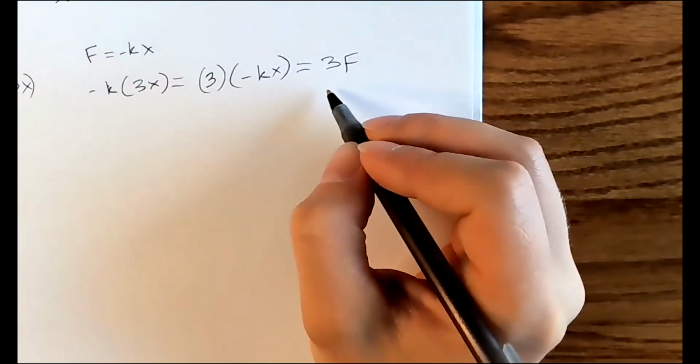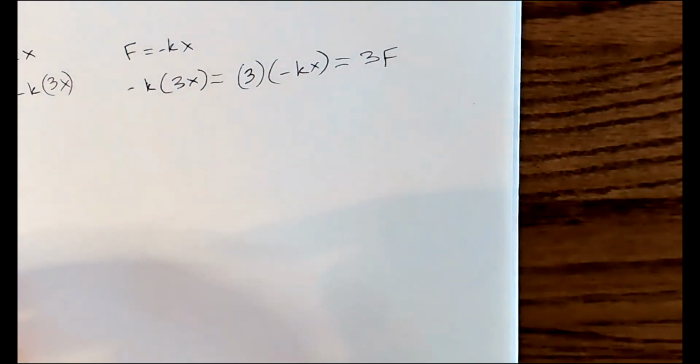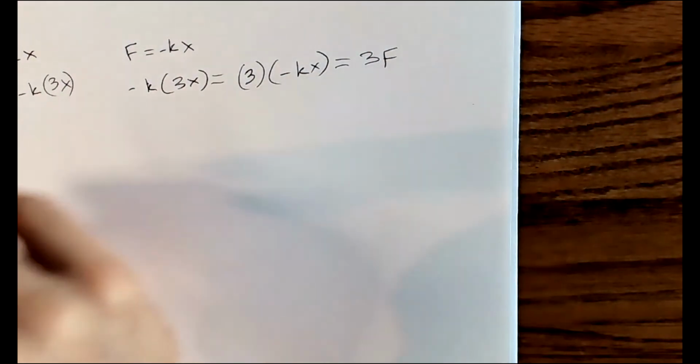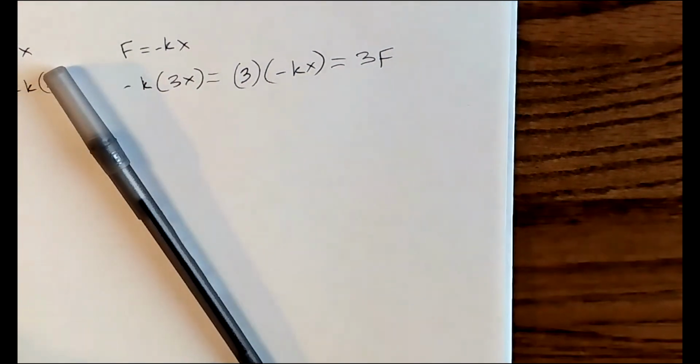So that means F has been tripled as well. So if you double displacement, the restoring force will double as well. If you quadruple it, it will quadruple as well. Displacement is directly related to the restoring force of a spring.